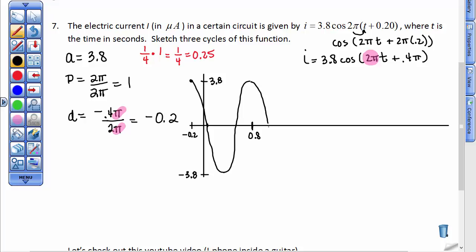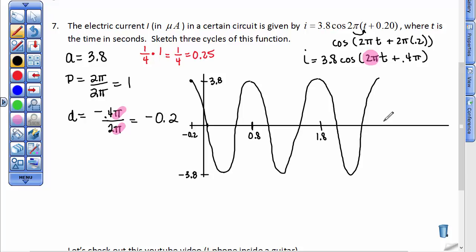So here comes another portion of that. The period is 1. Right here I was at 0.8. If I add 1 to that, don't I get to 1.8 right here? And again, the third cycle of this curve, and I finish up right here. If this was 1.8, the full period is 1 second, so I'd be at 2.8 seconds here to finish off 3 cycles of this function.